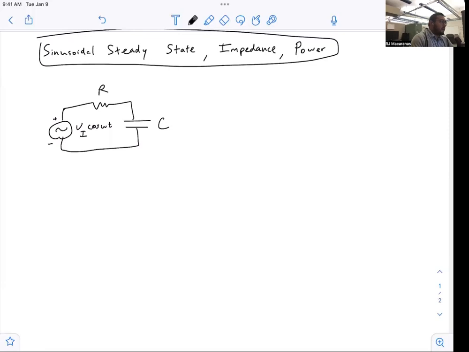Right, so we've got our original circuit, and a couple weeks ago we found that the governing dynamics of this circuit is given by RC dVc/dt plus Vc is Vi. It was originally this input, which was constant, but now we're taking a look at this time varying cosine input.